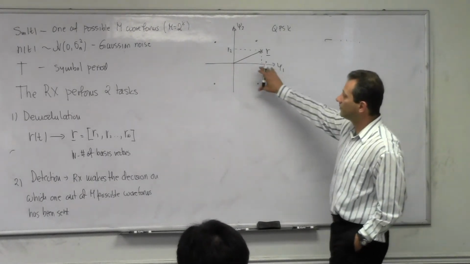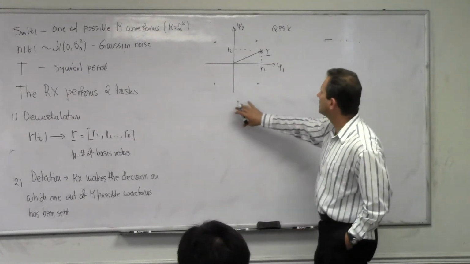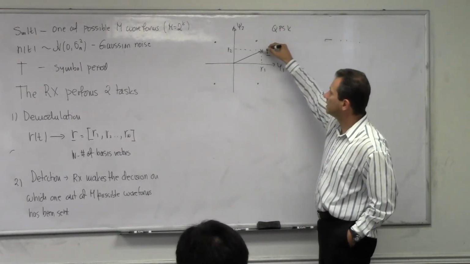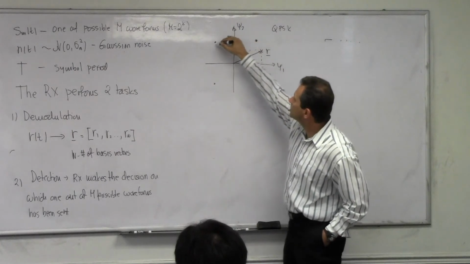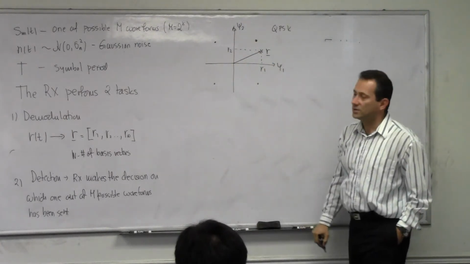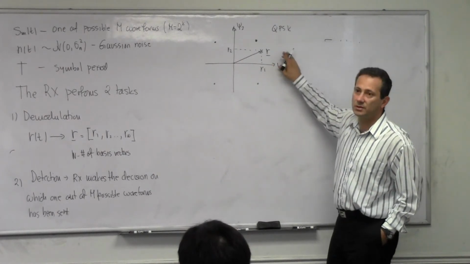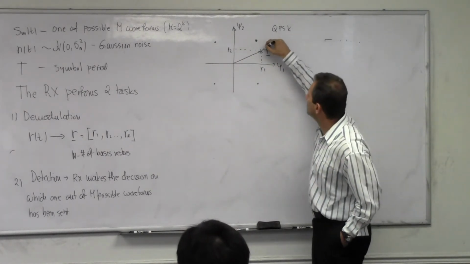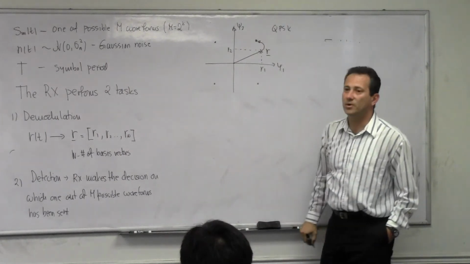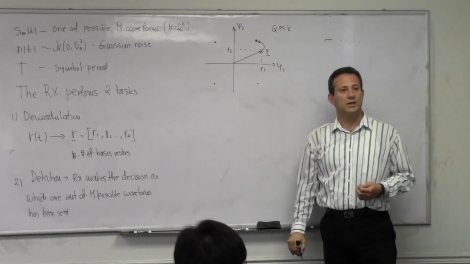And now that's the end of the first step. In the second step, I need to look at this as a receiver and say, which one out of these possible 4 points has actually been sent? And in this case, what is your choice? You say, well, in this case, the most probable is that this was the point that has been sent. So this is your detection step.